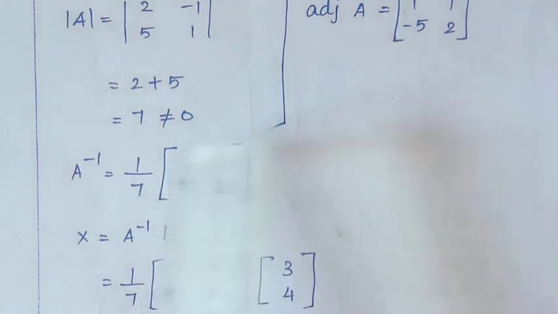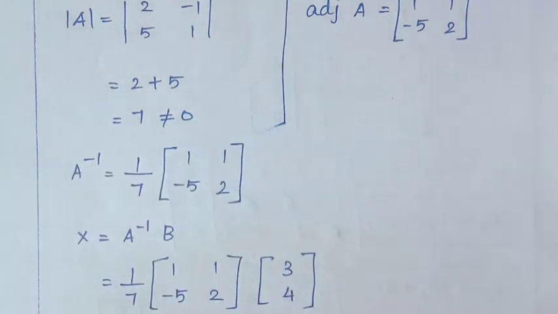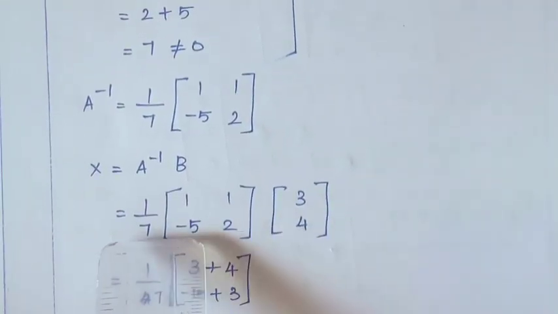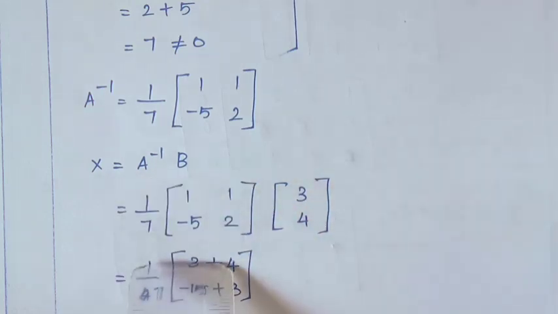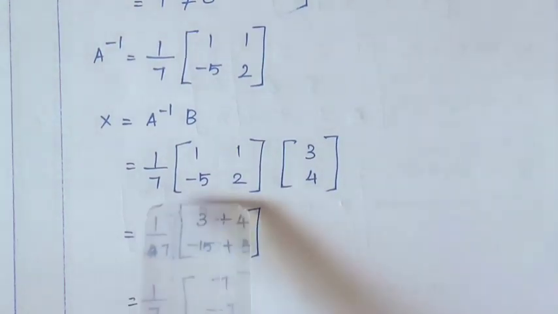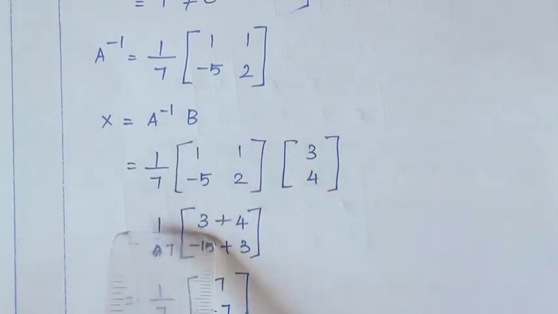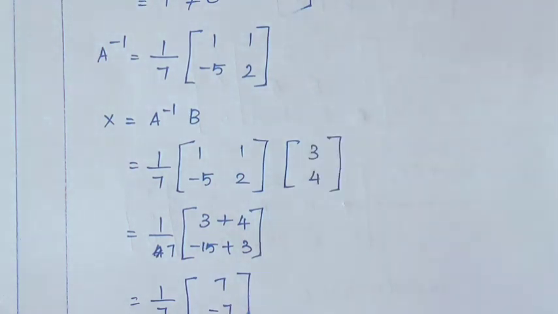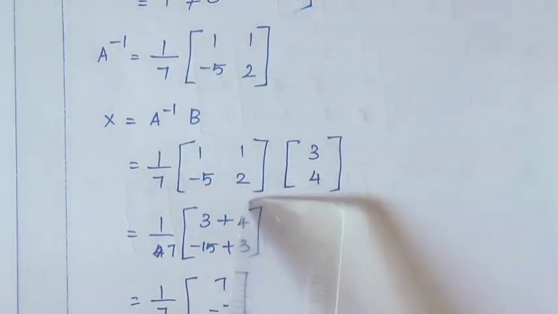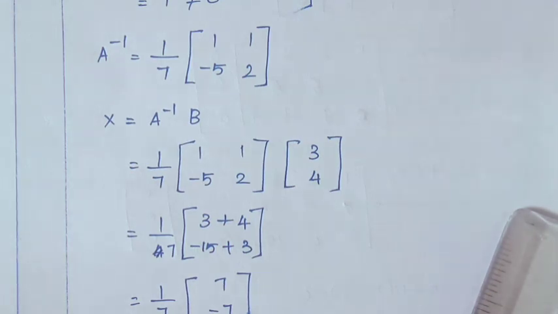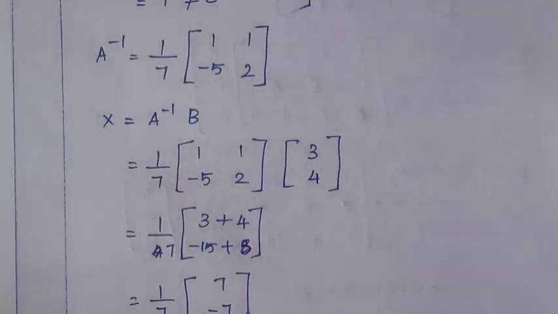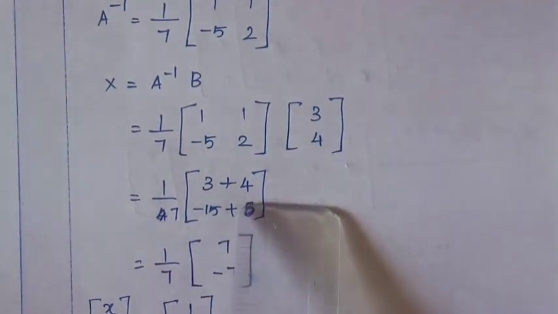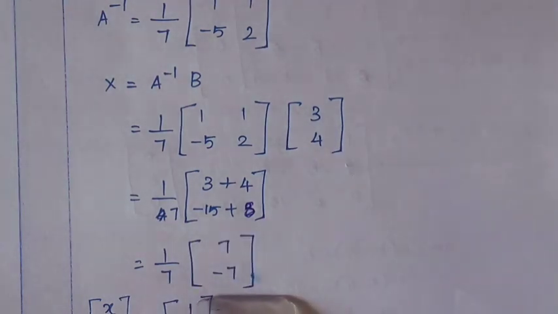We have to change the positions and change the signs, and then X is equal to A inverse B. Then 1 by 7, 1, minus 5, 1, 2, 3, 4, and then 1 by 7 multiplying: 3 ones are 3 plus 4 ones are 4, minus 5 into 3 minus 15, 2 fours are 8, so 1 by 7, 7 and minus 7.